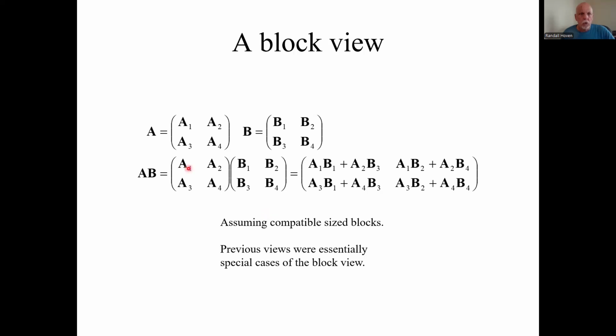This top block will be A1 B1 plus A2 B3, assuming all these blocks are compatible sizes. And actually, a lot of the previous views, maybe all of them, were particular cases of this block view, depending on how you do the blocks. This will come in handy multiple times later in the course.